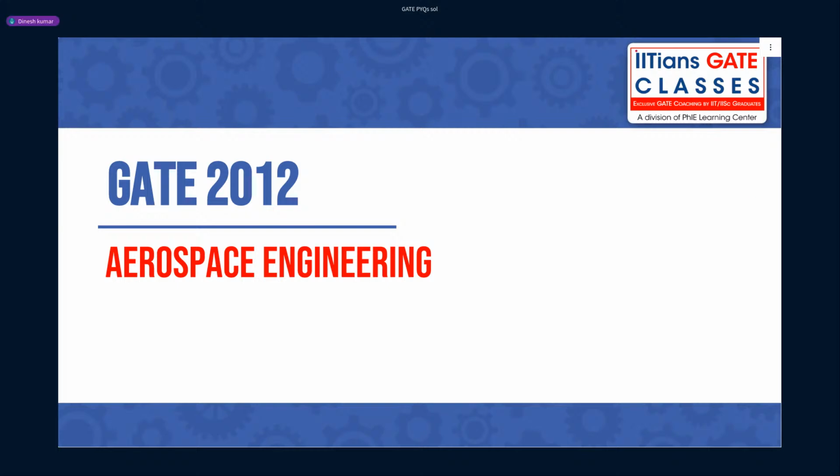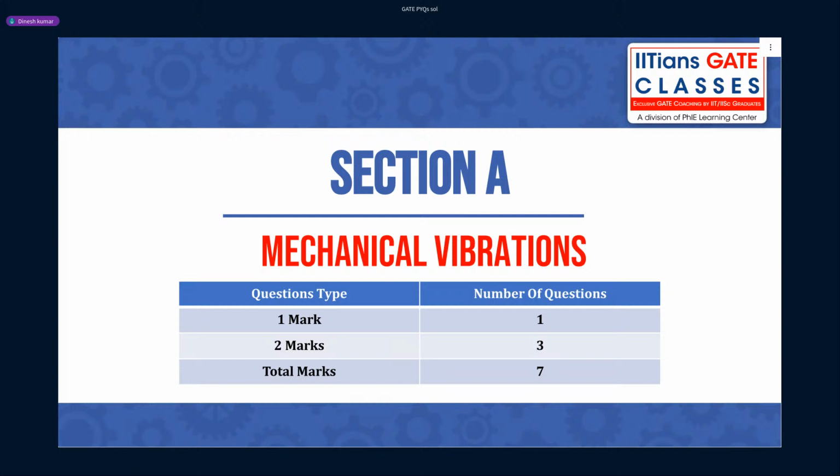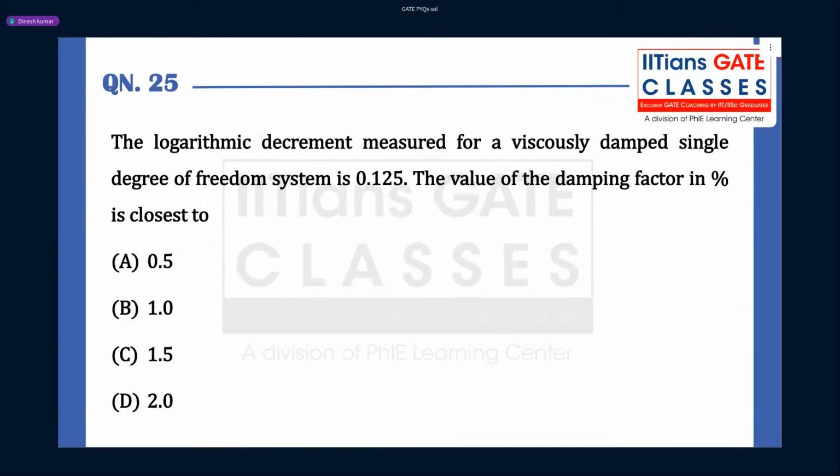So in today's session, we will start with the GATE 2012 Aerospace Engineering Mechanical Vibration part solution. In GATE 2012, there are a total of 4 questions for 7 marks. One is for 1 mark, and there are 3 questions for 2 marks.